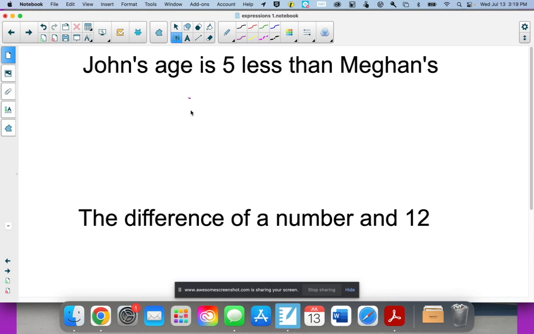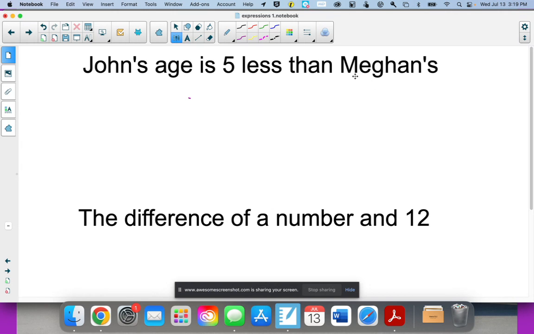Okay, so John's age is 5 less than Megan's. Okay, so obviously we need to pick a variable, right? And we need to understand what that variable stands for, right? And depending on what you make your variable stand for in an expression like this, you could end up with two different expressions.